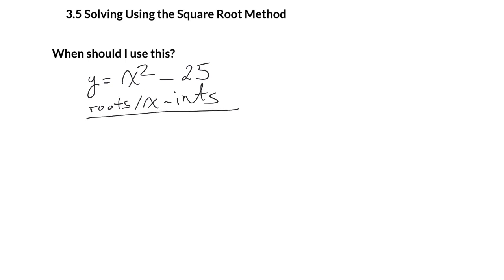Or you had a problem that looks like this: y is equal to (2x minus 5) squared, and then minus 50. So you could use one where you have your parabola that looks like this, or looks like this.